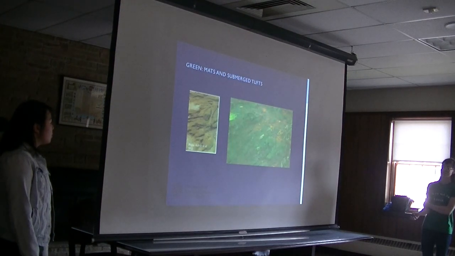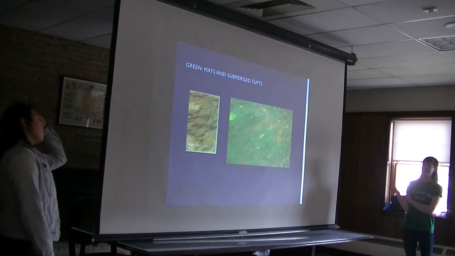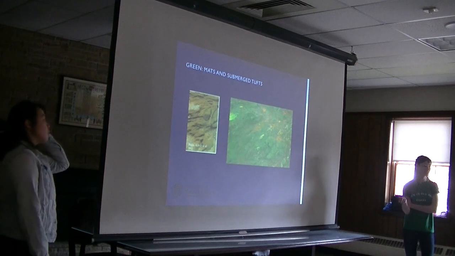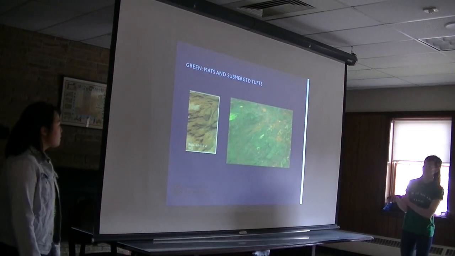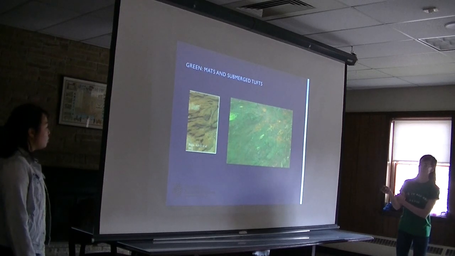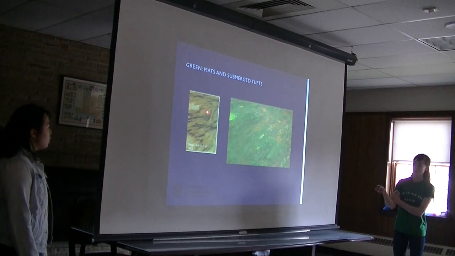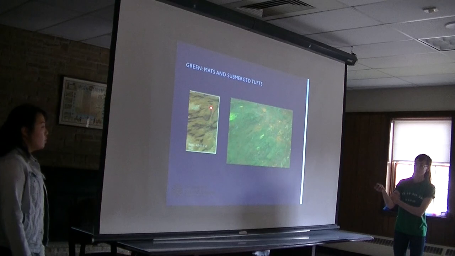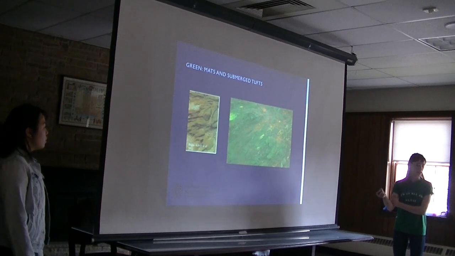So here's an example of submerged mats and tufts of green algae. Although this looks a little bit brown, this is an example of green algae that is covered in a thin layer of brown algae. You can see that because these are thicker filaments of green algae.